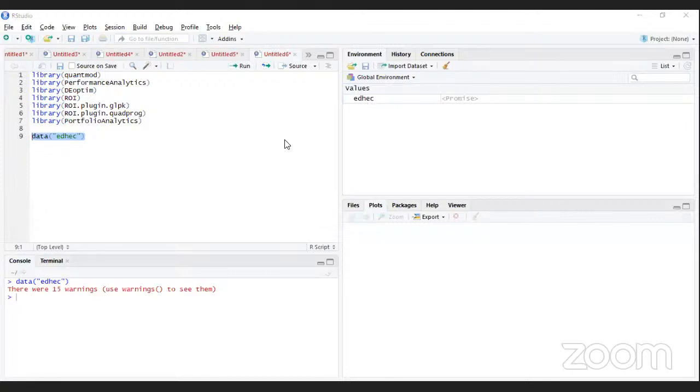Let's call this R, and we will store columns 1 to 6 of this EDHEC data in our environment, right? Basically 1 to 6 columns we want to store. So let me see.